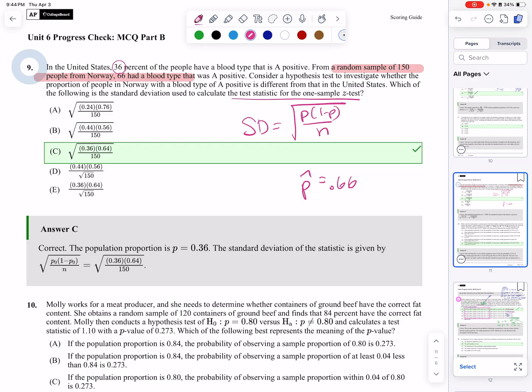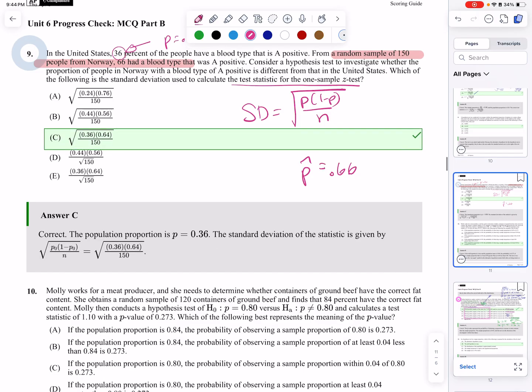Which is the standard deviation of a one sample z-test? For the one sample z-test, the random sample is p hat. The p is equal to 36%. So that's why you want to use 36% on this, because that's not from a random sample, and my standard deviation is not from the random sample because my model is based on the population.